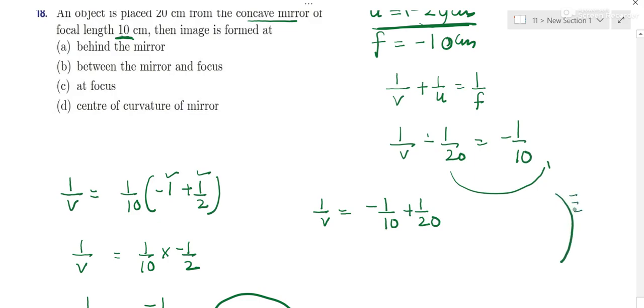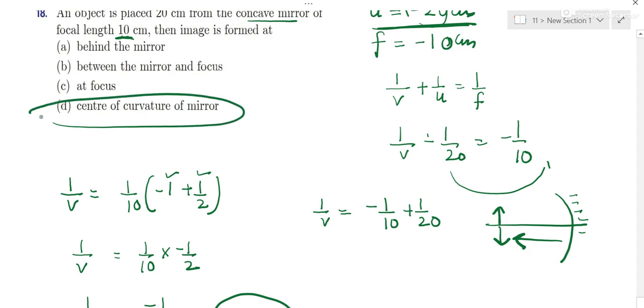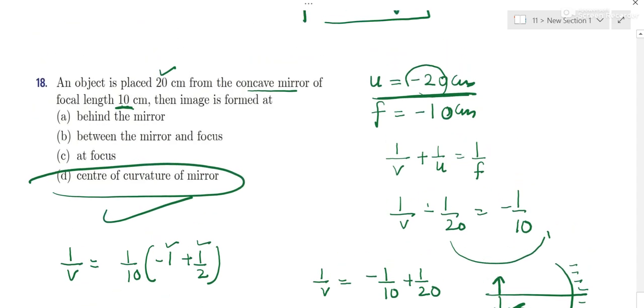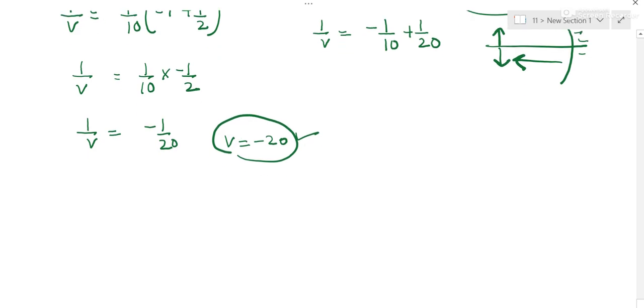So if the object is at C in front of the mirror, the image will also be at C. So it is in front of the mirror, at the center of curvature of the mirror. Object distance is 20, and image distance is also coming 20.